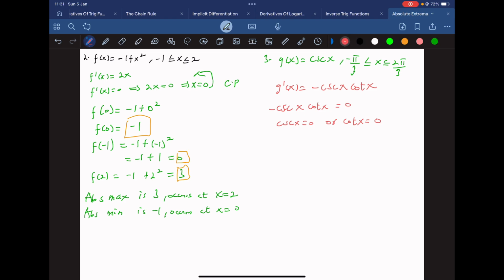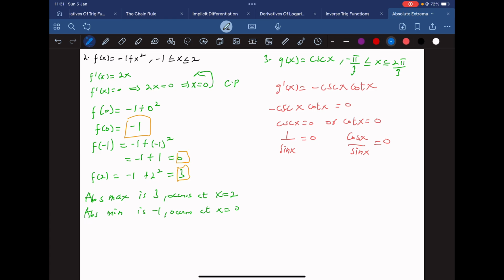We have to note cosecant x is the same as 1 over sine of x, and cotangent is the same as cosine of x over sine of x equal to 0. The idea is, what x value will give you 1 over sine of that value to be 0? There is no value of x that will satisfy this equation.